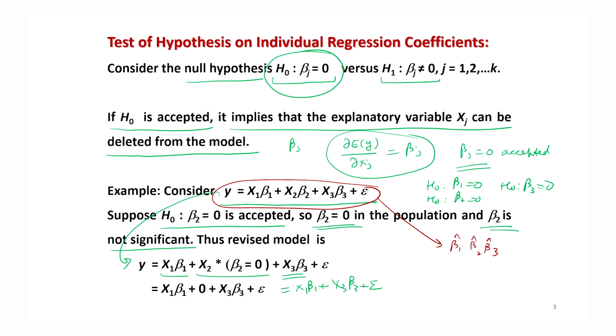But now this model is changed, and your new model is y equal to x1 beta 1 plus x3 beta 3. Now, if you try to obtain the regression estimators, they will be something like beta 1 star hat, beta 3 star hat, and so on, and these are going to be different from beta 1 hat, beta 2 hat, beta 3 hat, or at least beta 1 hat and beta 3 hat, right?